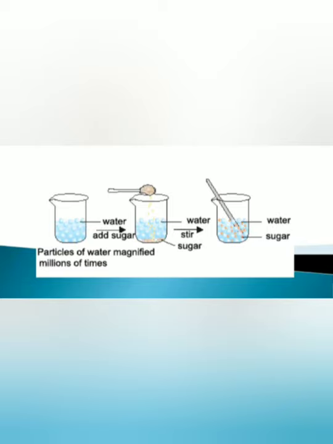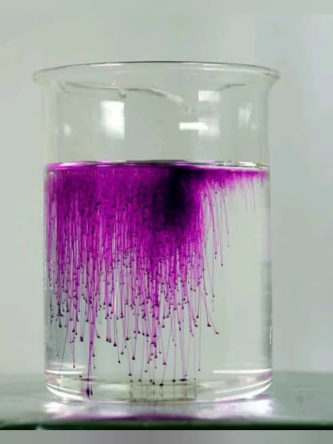Here, water, salt and potassium permanganate all are made up of particles. When we add salt or potassium permanganate to water, the particles of salt or the particles of potassium permanganate would occupy the spaces between the particles of water, and hence we obtain a solution.